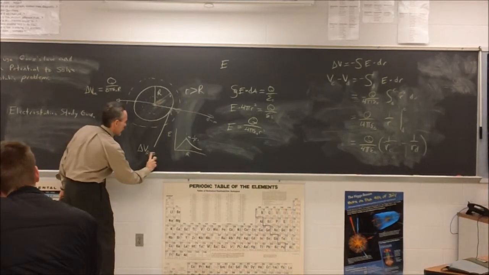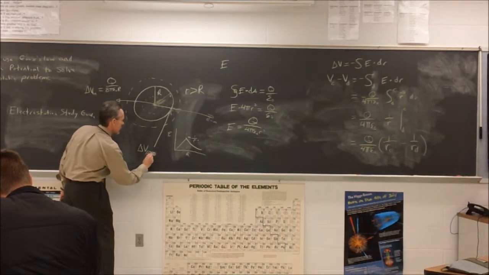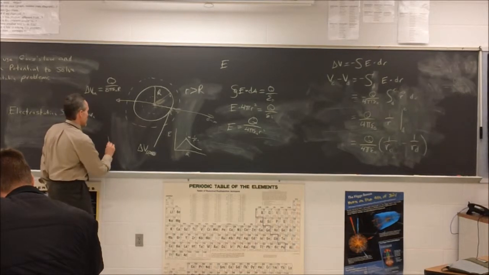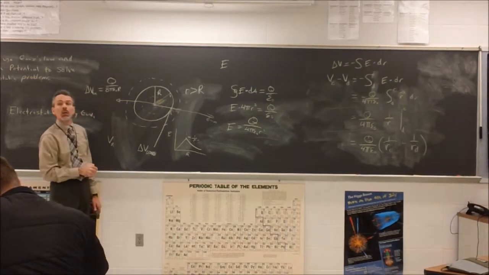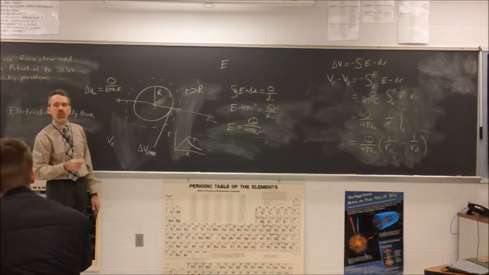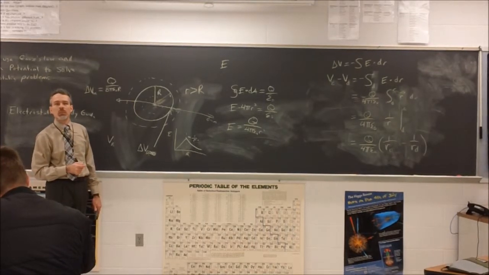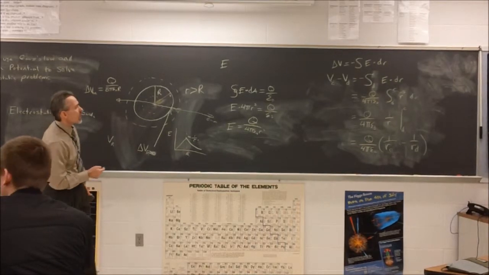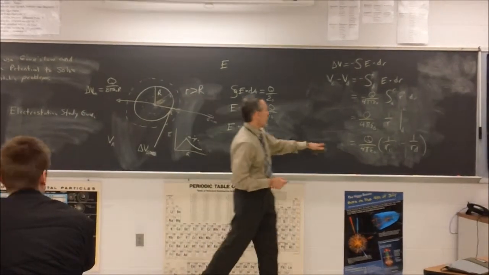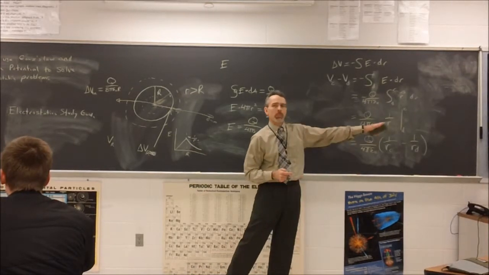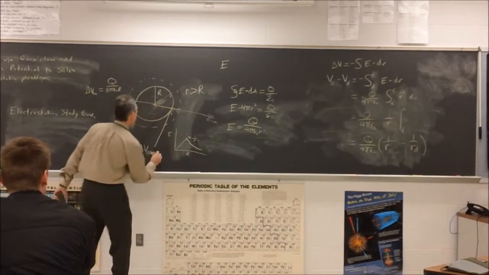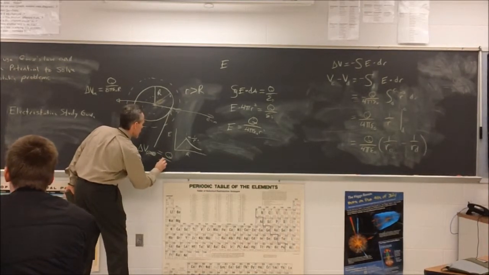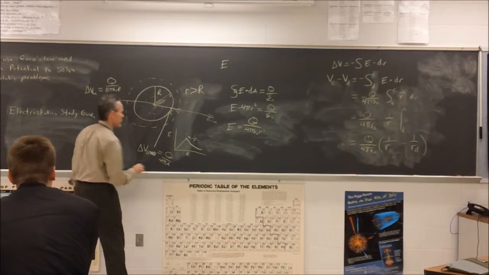This is really bad notation, but I'm hoping it makes sense. Probably what they would just simply say in a book is that the potential at R. It's assumed that you're compared to infinity. I'm doing this for now. Okay, so what would that be then? It would be Q over 4πε₀R.